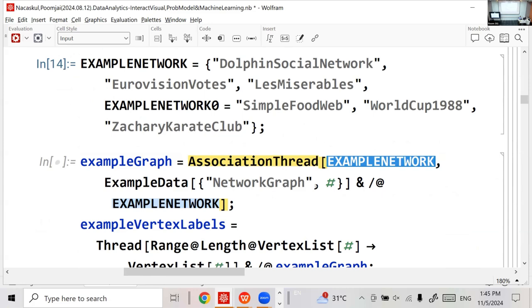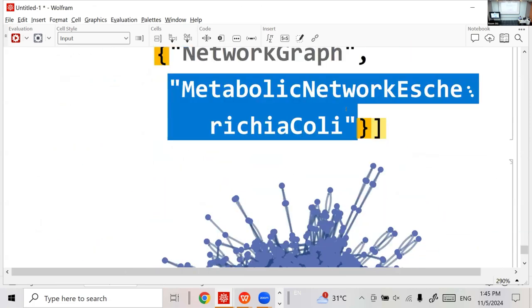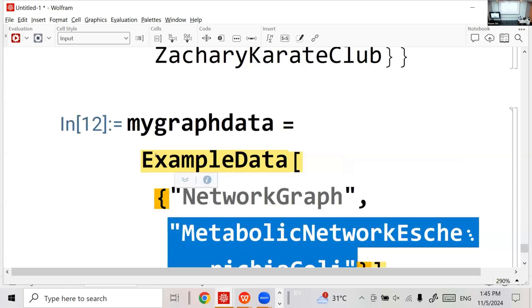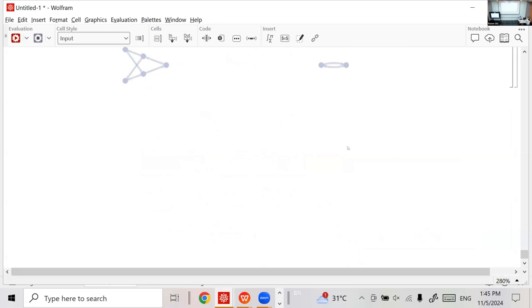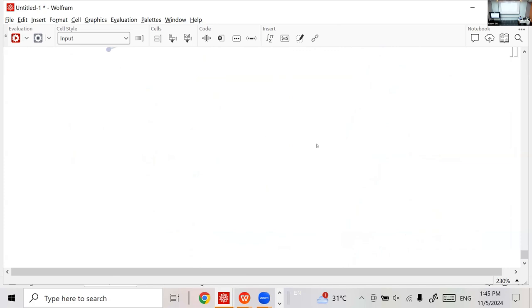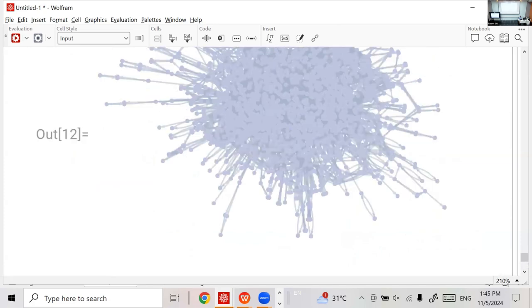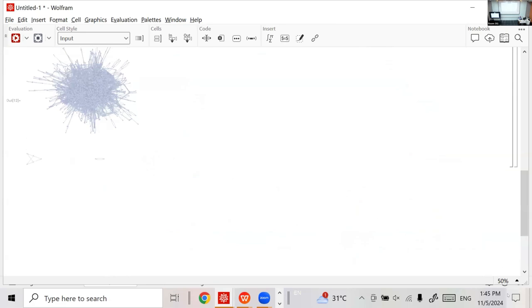Okay, let me say this. Can you guys see this? I want to make the font smaller. Oops, too small.